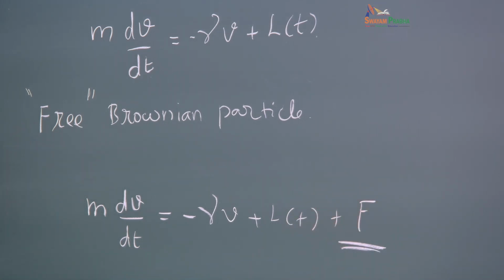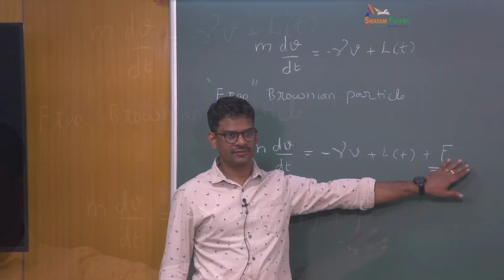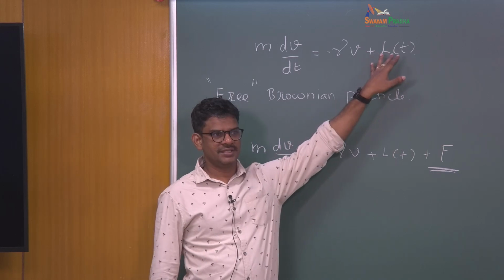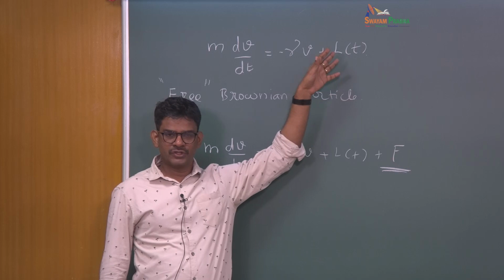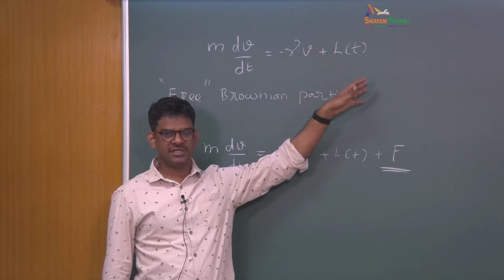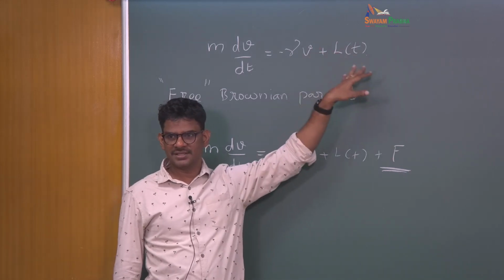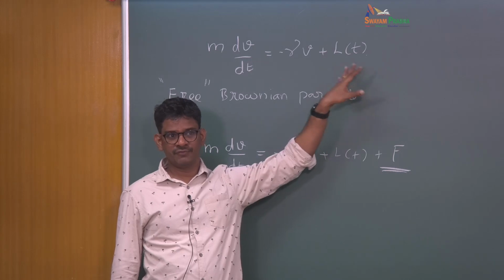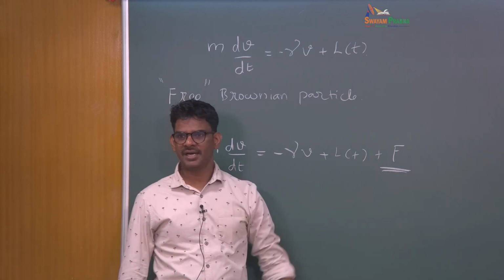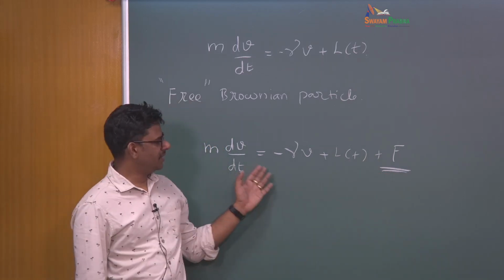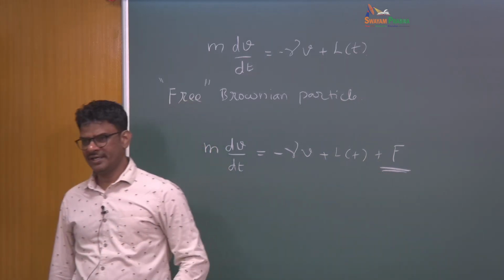analytical result may not be always possible, okay. Again, it depends on what sort of force you are going to have, okay. So here we show that you can derive an analytical expression for the mean position, mean square position, mean velocity, mean square velocity, all that we showed in the last class. Okay, as far as a free Brownian particle is concerned, you can analytically solve this equation. But the moment you bring in additional effects, then you have very few cases where you can analytically solve.